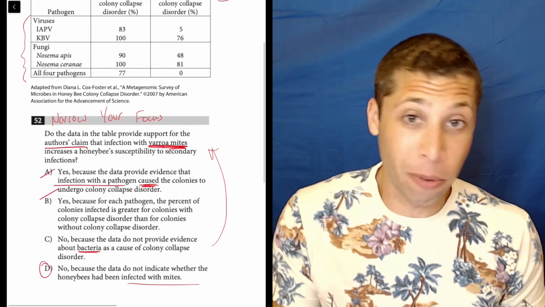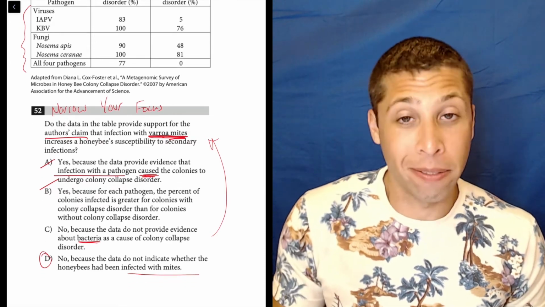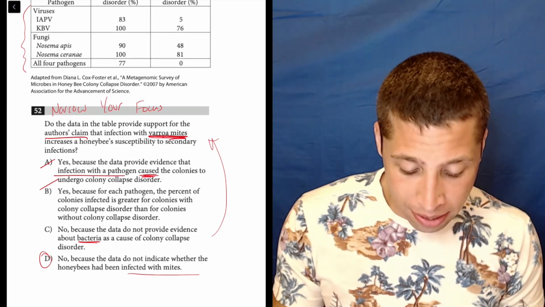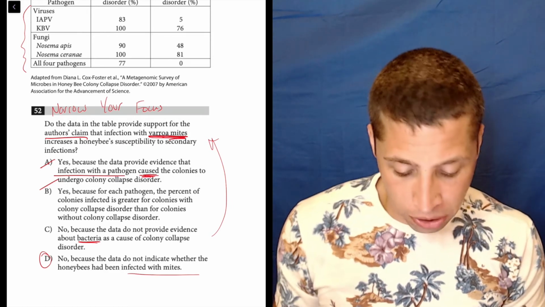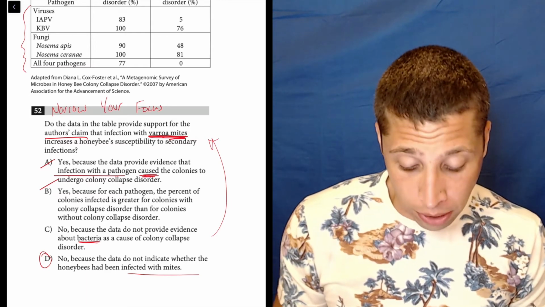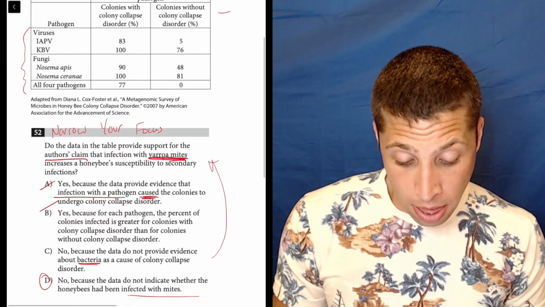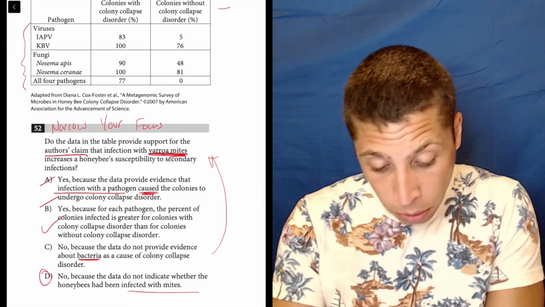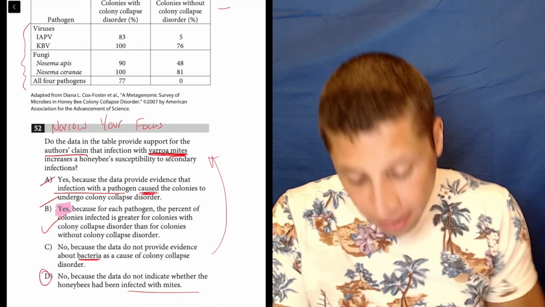But that's wrong for other reasons, right? That's not about the mites, and that's what we're supposed to be looking at, the mites. And then B, because for each pathogen, the percent of colonies infected is greater for colonies with colony collapse disorder than for colonies without colony collapse disorder. Well, that is true. That is mathematically true, but the problem is the yes.